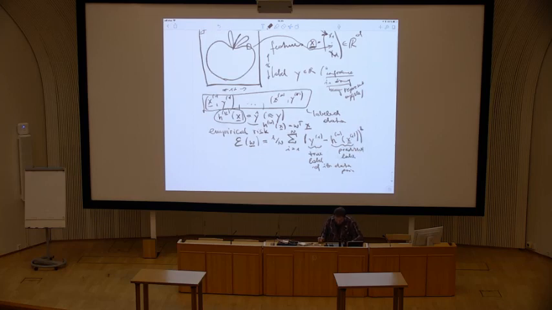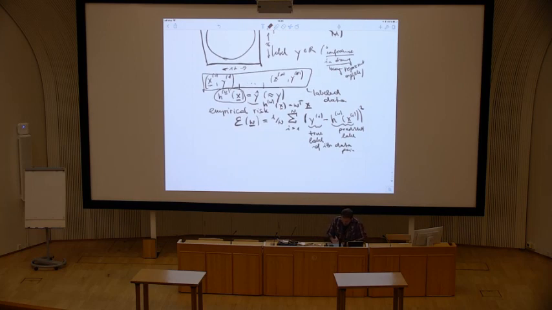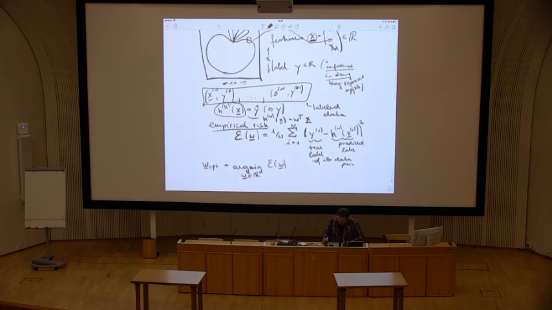Then the weight vector which gives the best linear predictor is the solution of an optimization problem, which we call the empirical risk minimization problem, because we are minimizing the empirical risk. We minimize over all weight vectors of dimension d.